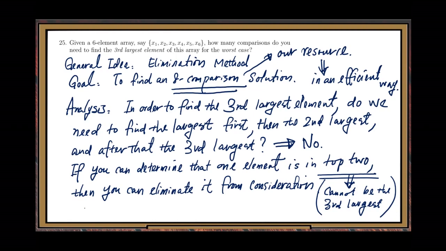Here I want to give you a concrete example. And in this example, the way we use the elimination is pretty close to the method you need to use to solve this problem. The next slide, I will show you this example and solution.